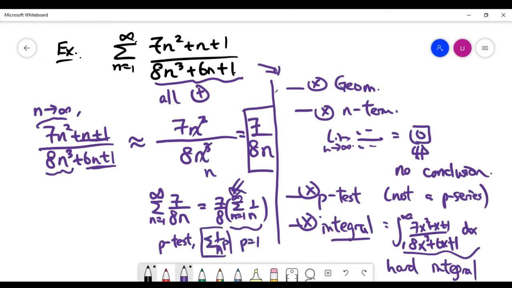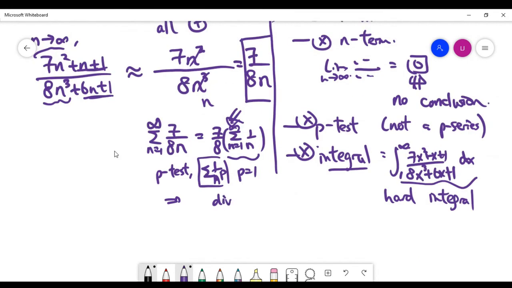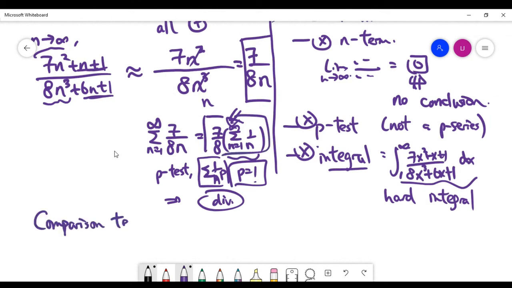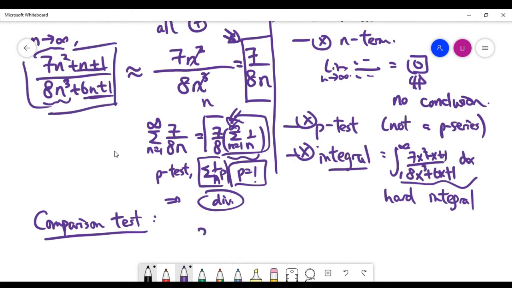So of course it is a divergent case when p is 1 by the p-series test. By the comparison test, we can write down our answer here, because the infinite series for the simplified fraction on the right-hand side is divergent. So the original series is also divergent. This is the result by the use of the comparison test.